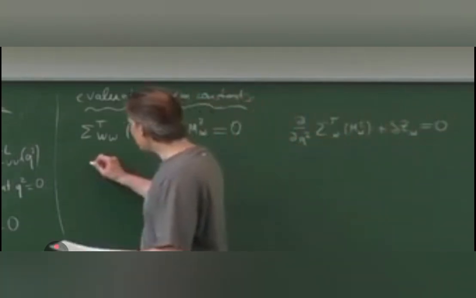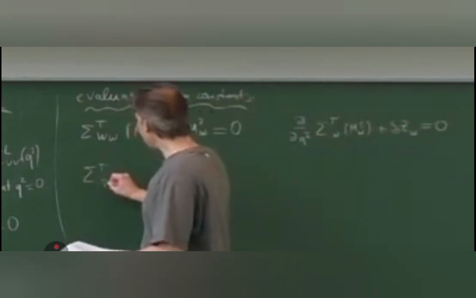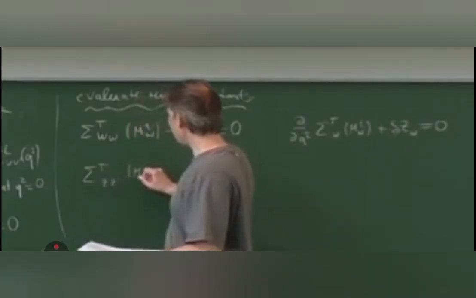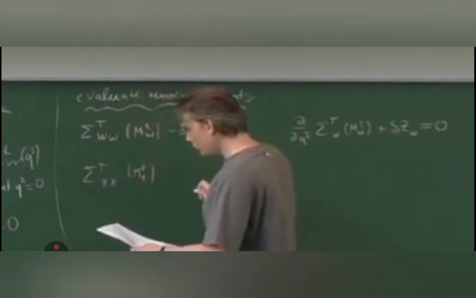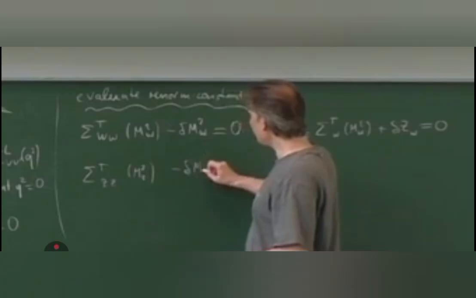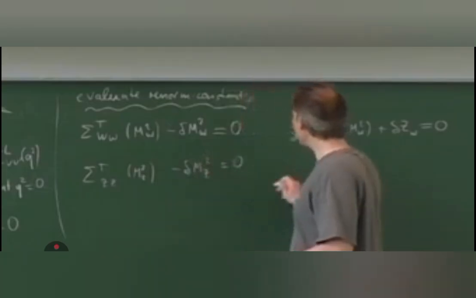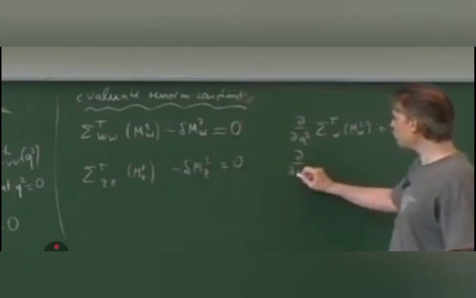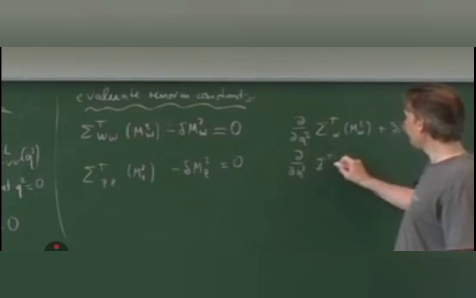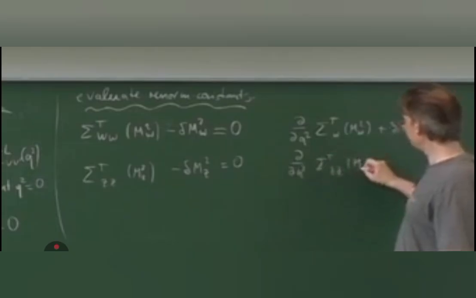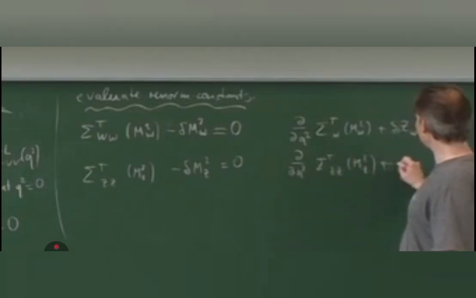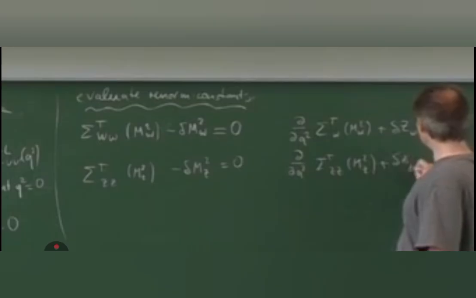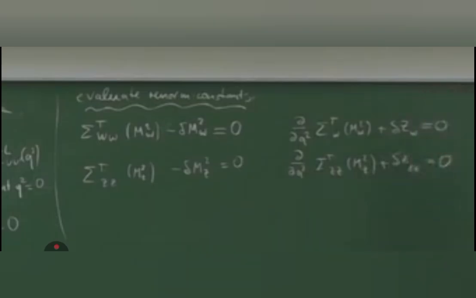Let's go on for the Z. Sigma transverse ZZ at mz square. Here actually the same thing happens, namely minus delta mz square equals 0, and exactly the same thing happens for the derivative, with a slight difference that here the renormalization constant delta z, ZZ appears.